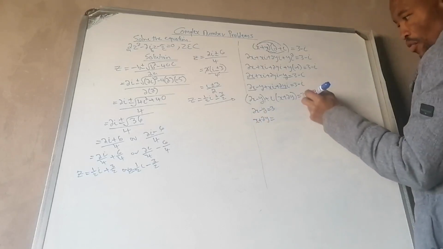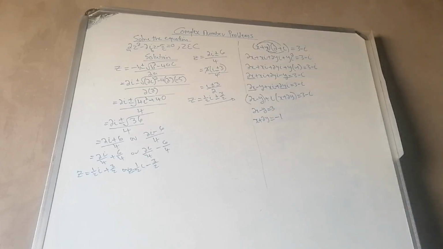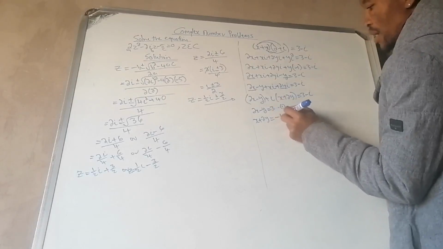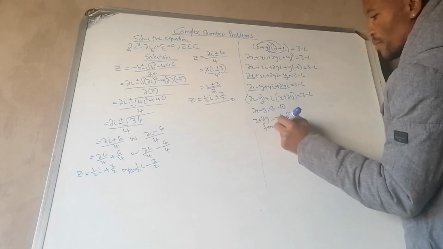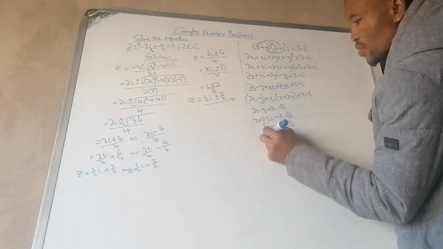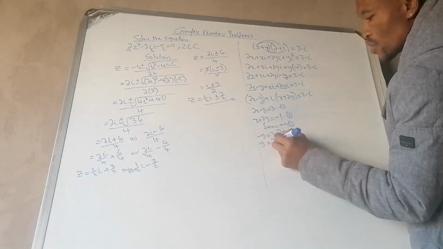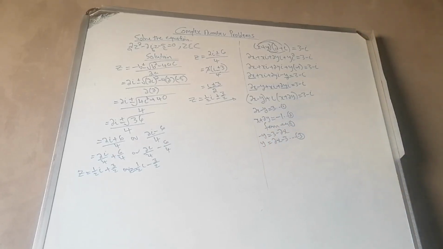I'm going to write the coefficient of i, which is negative 1. And now I can say this is equation 1 and this is equation 2. From equation 1, I can say that minus y equals 3 minus 2x and y equals 2x minus 3, being my equation 3.